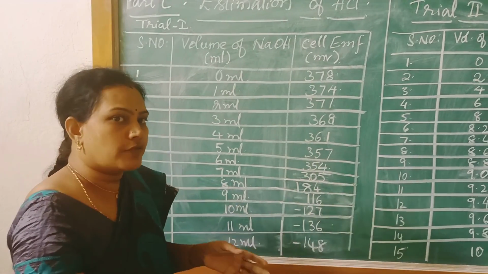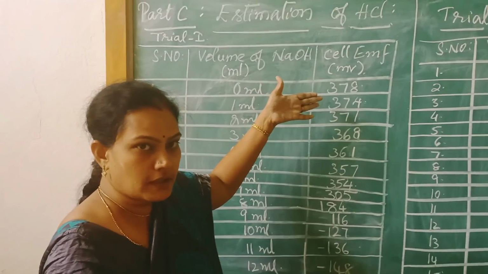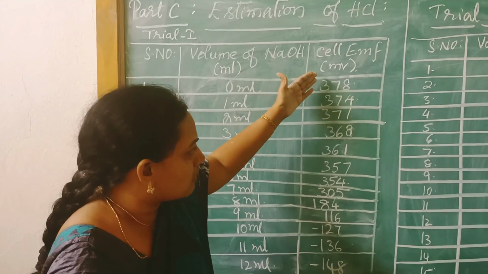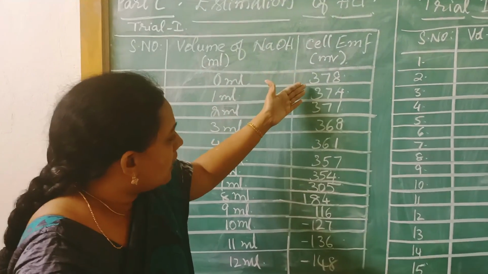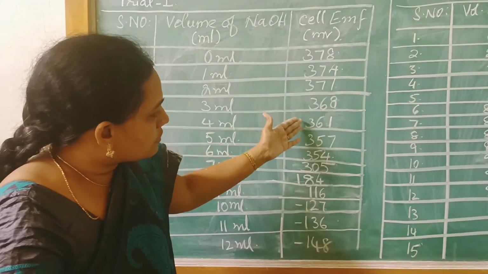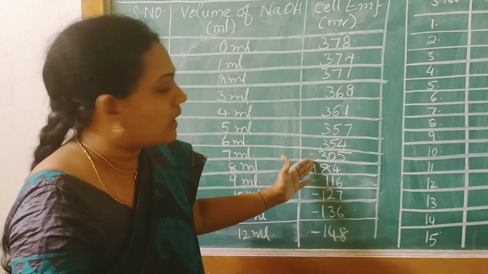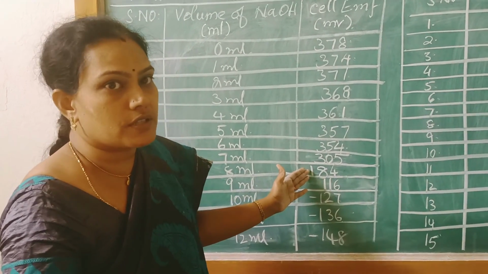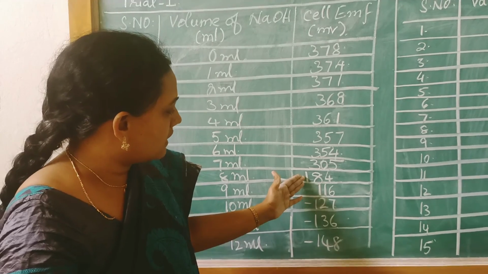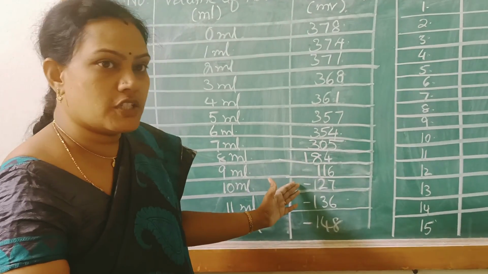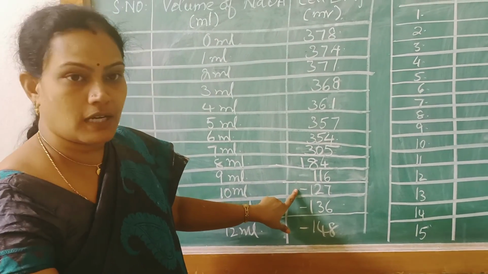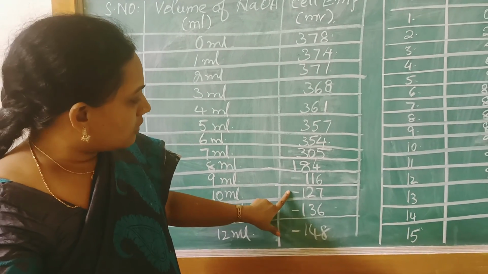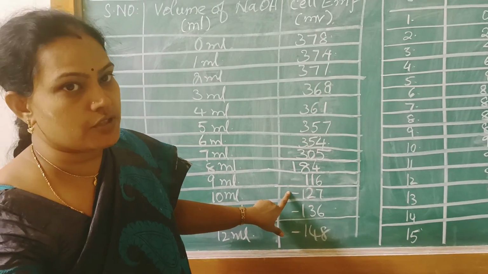So students, we have continuously performed the titration as per the procedure shown, and we found that there is a continuous drop in the values of cell EMF, which is attributed to the neutralization of H+ ions in the solution due to addition of NaOH. You can see there is a sudden fall in the values of EMF to negative. This negative value indicates the completion of the reaction.